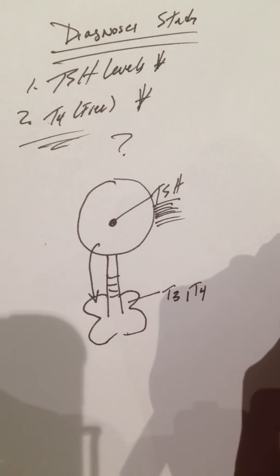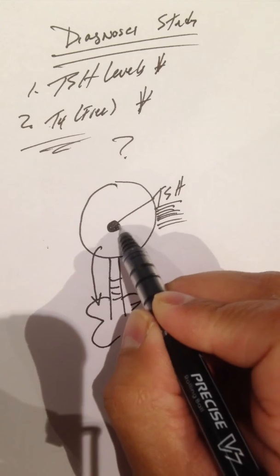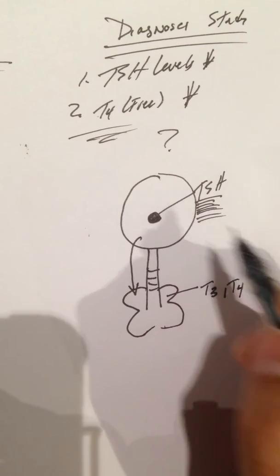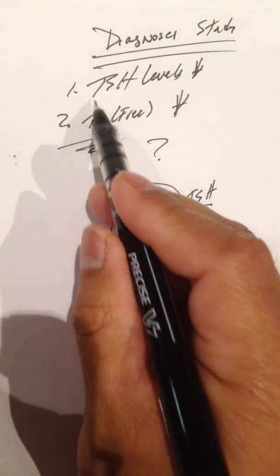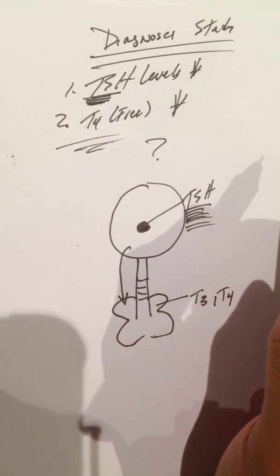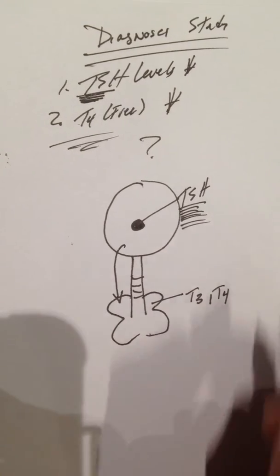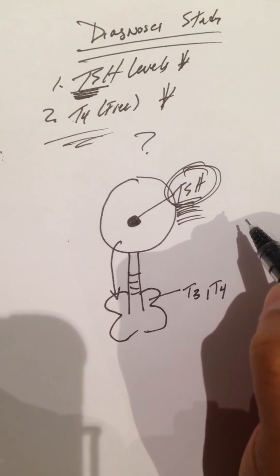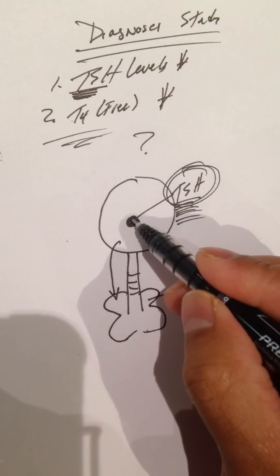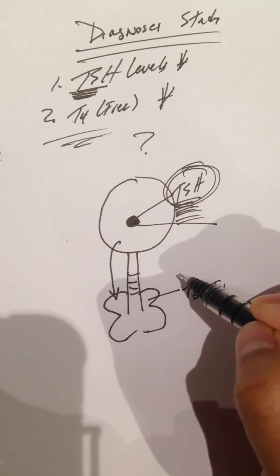Now this is in a perfect world, but let's say your pituitary gland is not working. So the doctor's going to say, well, what are the TSH levels? Let's draw some blood and check out those levels. So somebody's going to come in and draw blood, and they're going to look again for TSH. And they're going to ask the question, is it the pituitary gland that isn't working, or is it the thyroid gland that isn't working?